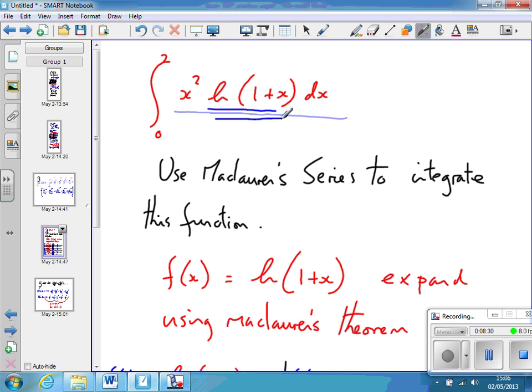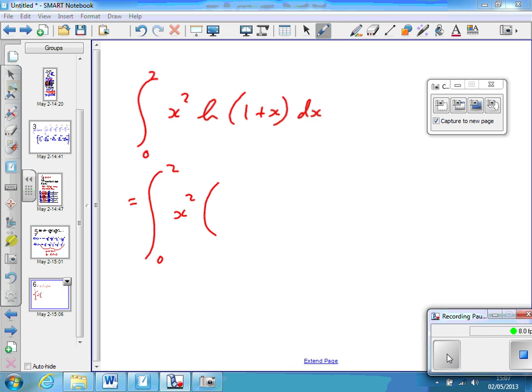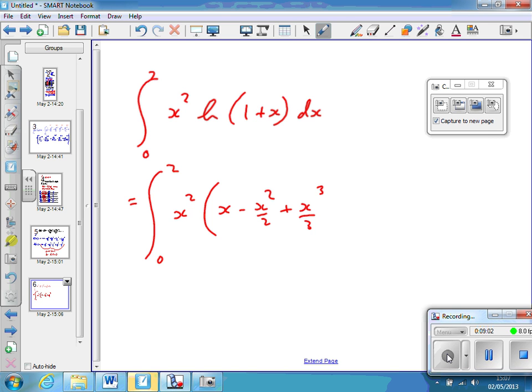So we've got the integral of x squared log 1 plus x can be written as the integral between 0 and 2 of x squared times that power series that we had written down. x minus x squared over 2 plus x cubed over 3 minus x to the 4 over 4, that would probably do for the number of terms.